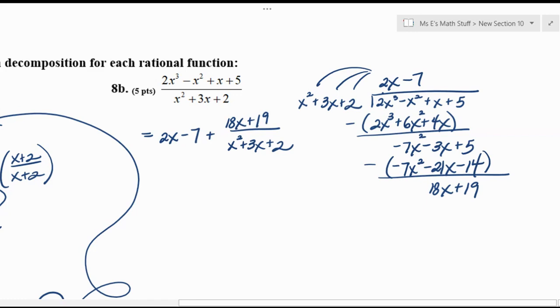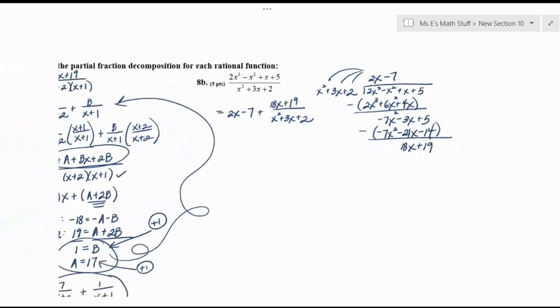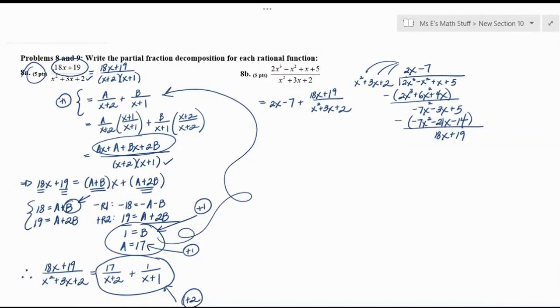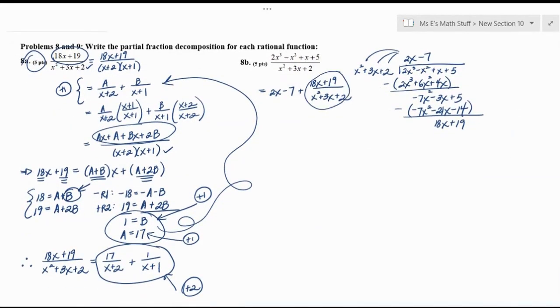So now at this point, though, we haven't done any actual partial fraction decomposition, but it is kind of fun that this remainder that we have here matches the original problem that you had in part A. And so you could just steal from yourself. So your final answer would be 2x minus 7 plus, and then just use your partial fraction decomposition from part A. 17 over x plus 2 plus 1 over x plus 1.